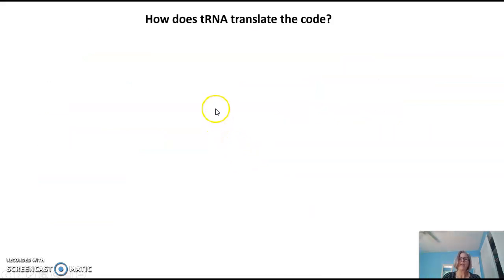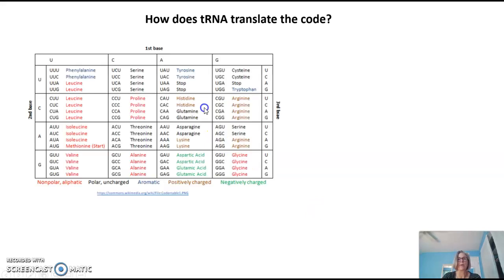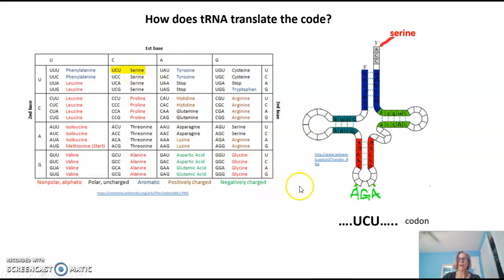So how does tRNA translate the code? Well, let's look at our codon table here again. I'm going to look at this one codon in an mRNA, UGU. UGU would code for the amino acid serine. So a tRNA molecule could come in that has the anticodon AGA. This would base pair with the codon.